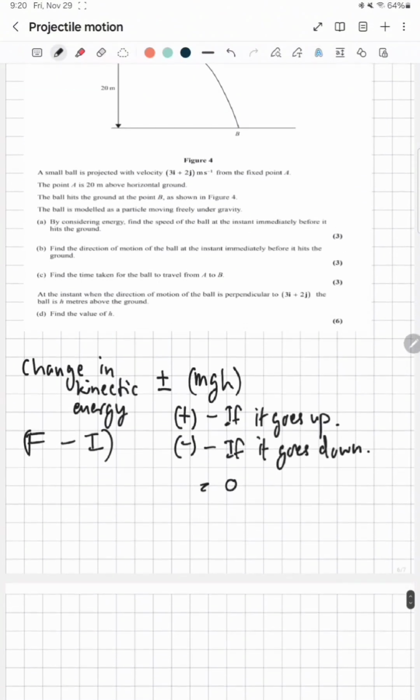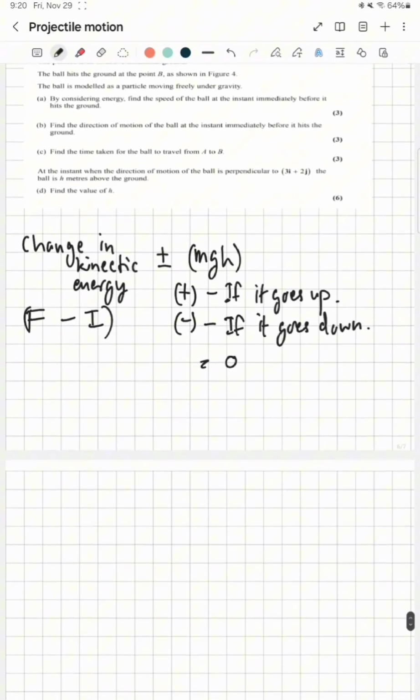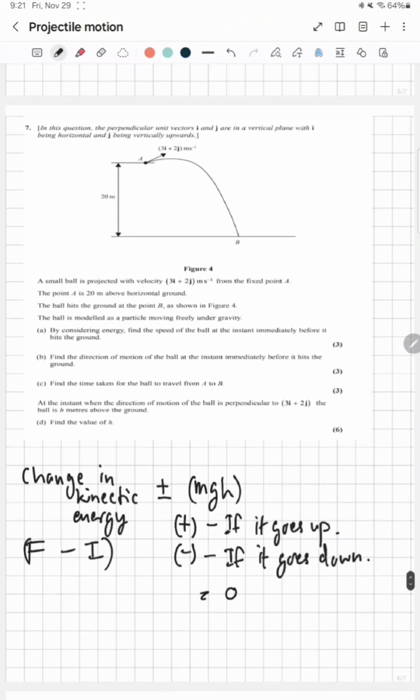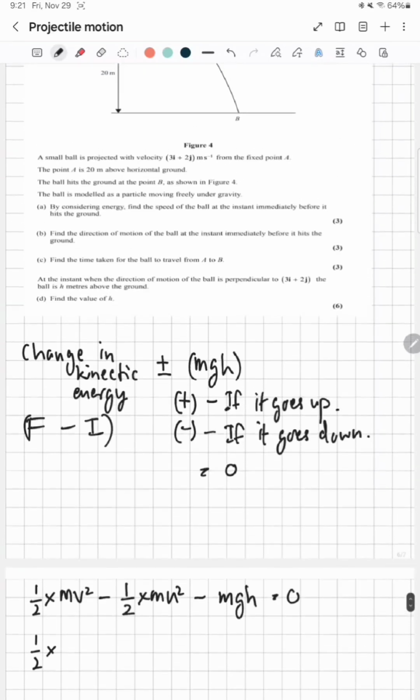So they're asking us before it hits the ground, right? So final speed, half mv squared, minus initial speed, half mu squared, and since it's going down, minus mgh equals 0. Now this is the formula we use. So half into the mass.